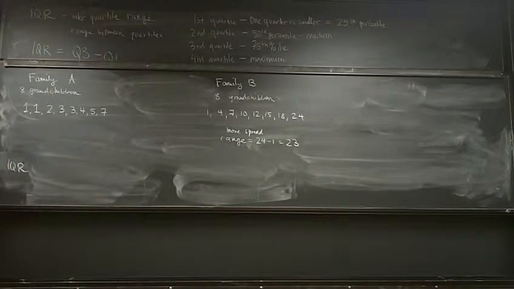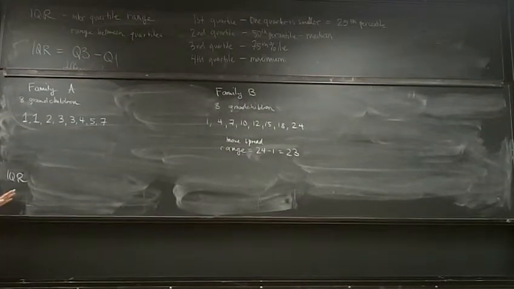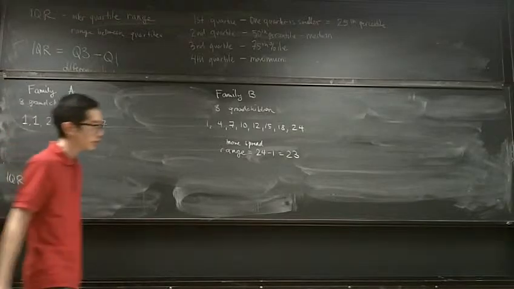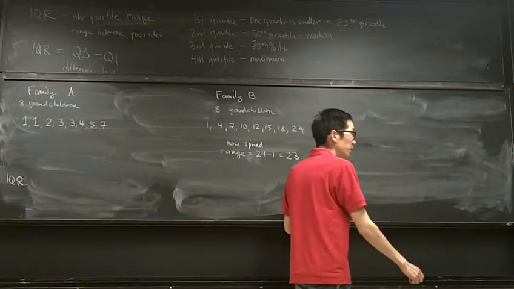To find the quartiles, the first thing we're going to do is find the median. So finding quartiles, step 1 is find the median.